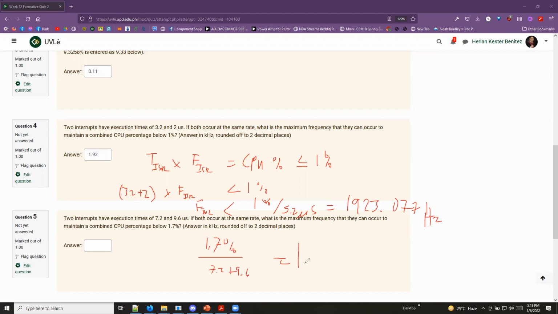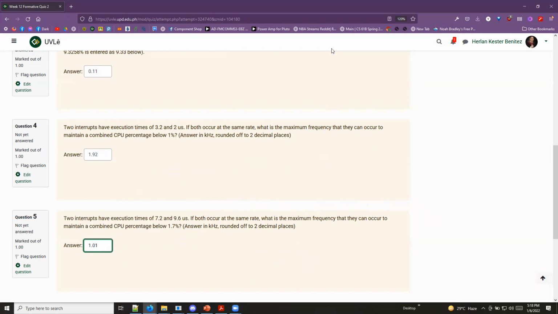That gives us 1011.9 hertz, which is 1.01 kilohertz.